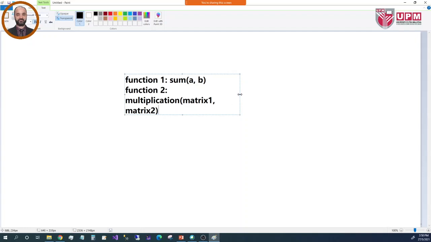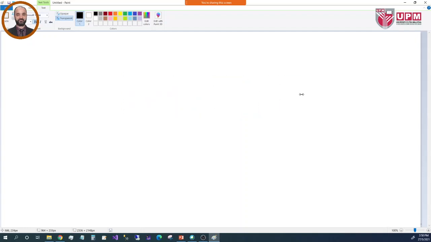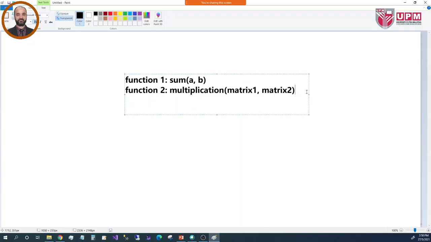Then we have another function, function 3, that subtracts a from b, for example. 1 and 3 are very simple functions. So why do we subtract a and b, for example?